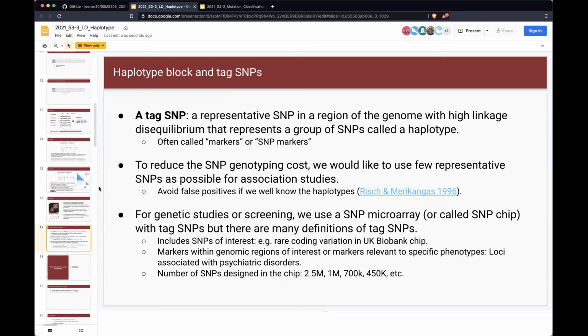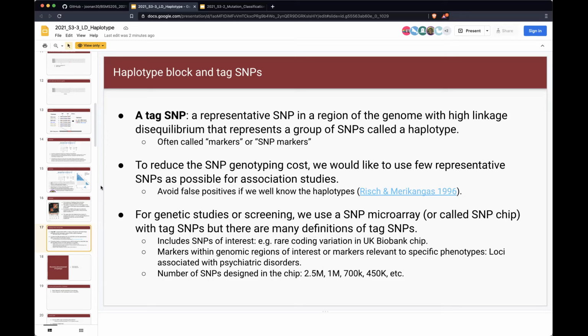Okay, so back to haplotype blocks and tag SNPs. If you think about haplotype blocks, they are like a representation of the genomic regions in our chromosomes and genome, right? I can compare this concept with regional sections in a city. If you look at Seoul, we have Seongbuk-gu, Gangnam-gu, and other districts, right? If you look at the chromosomes, you also have haplotype regions, like we define in the city.